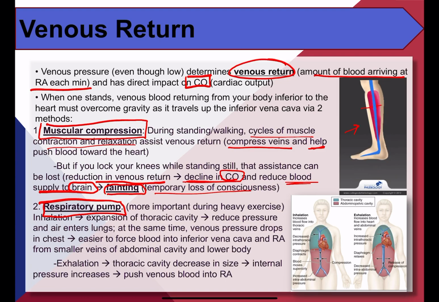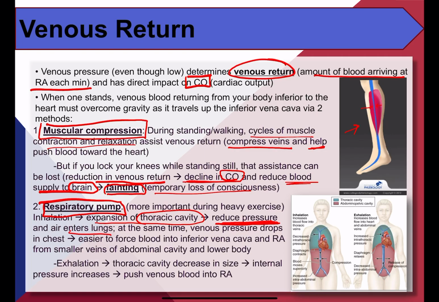Okay, so when we're doing inhalation, you end up with an expansion of your thoracic cavity, which reduces the pressure within the thoracic cavity, it's not blood pressure, and air is able to enter your lungs.